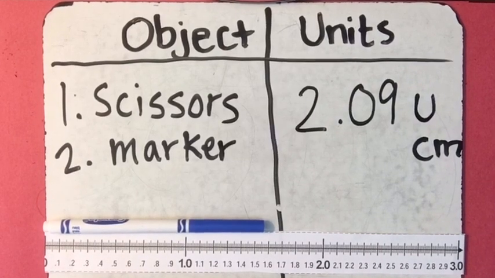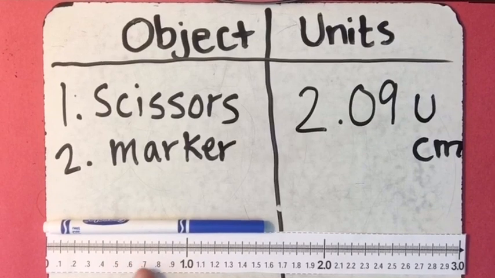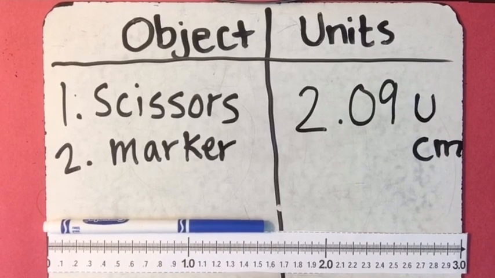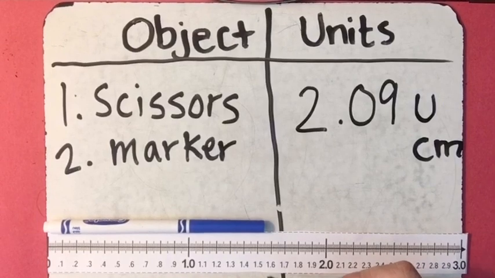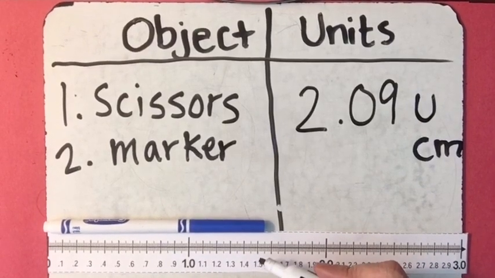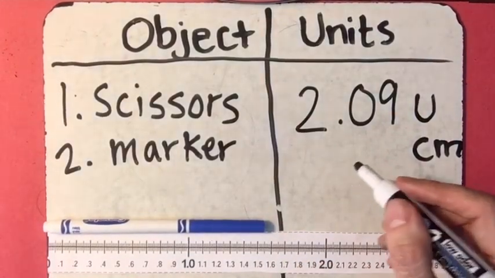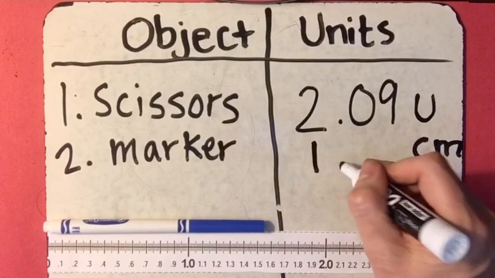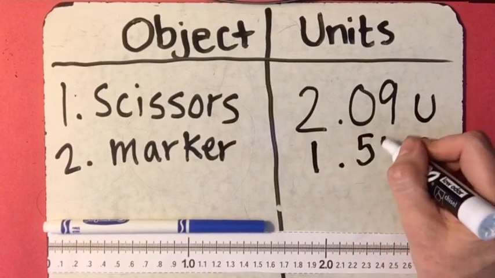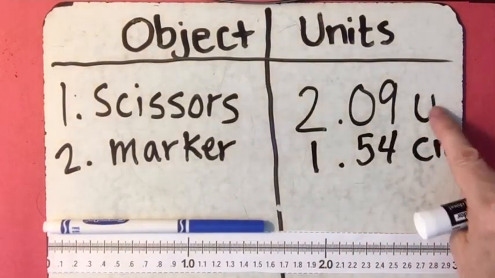So here, my marker, and I'm going to make sure I'm measured right up against the 0 there. My marker is 1 5/10, but it's more than that, right? So I'm going to do 1 5/10, so that's 1 50 hundredths, 1 51, 52, 53, 54. I'm going to estimate that this is 1 54 hundredths of a unit.